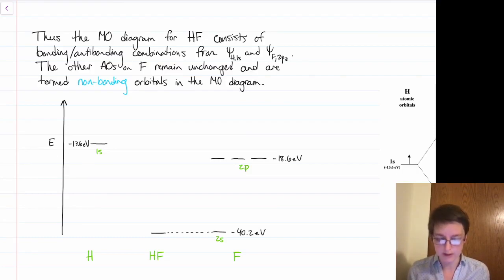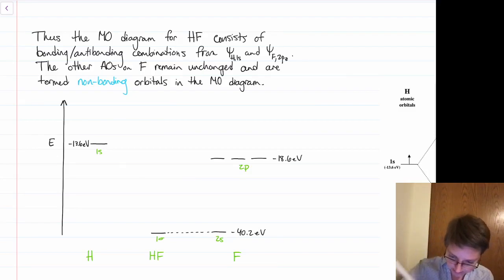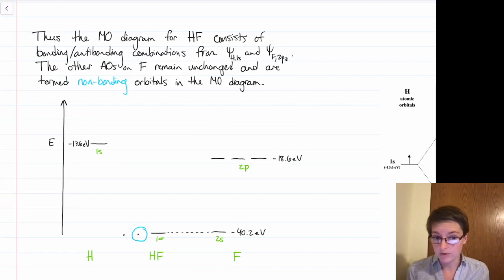We need to conserve the number of orbitals available to us, but it simply gets left alone. So my first orbital, we could still call it 1 sigma to say that it's the first sigma orbital that shows up in our diagram, and we can depict it as simply being the 2s orbital on fluorine, but it's a non-bonding orbital because its energy was neither stabilized nor destabilized by the presence of hydrogen.